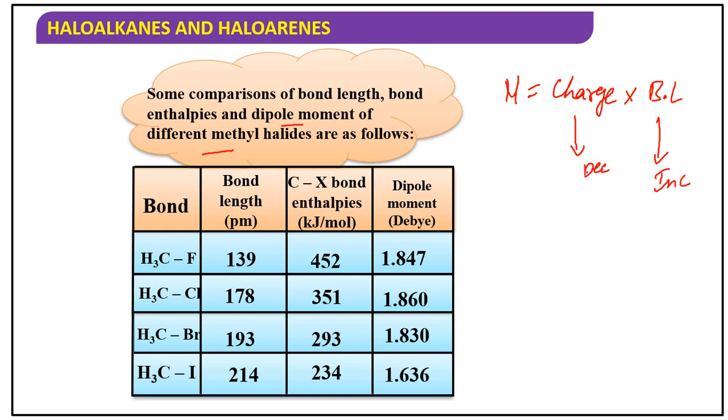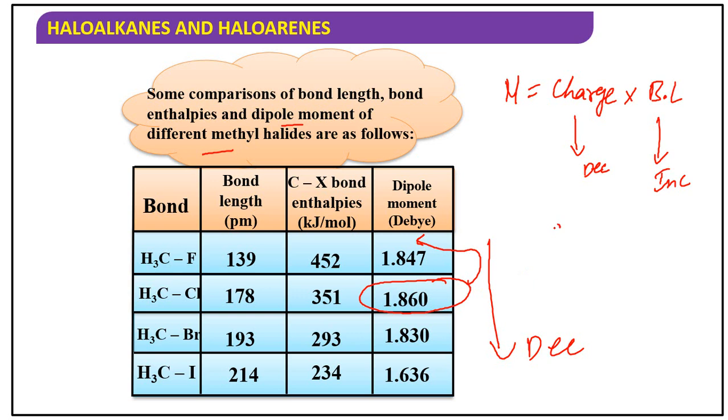So how can we decide whether it is decreasing or increasing? Obviously, we have to consider both values. In the general concept, the dipole moment mu value generally decreases, but exceptionally the C-Cl bond dipole moment is a little higher than C-F.